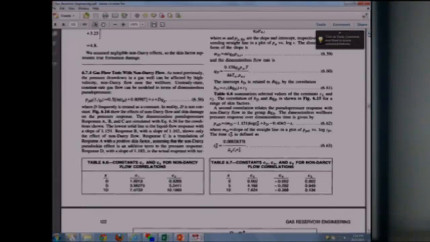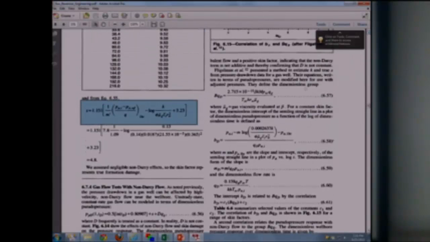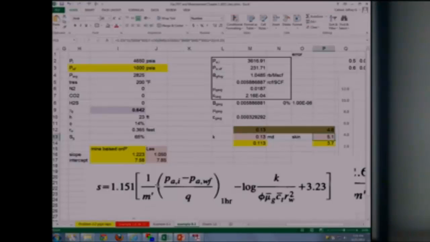Now also, I could hardwire their slope and intercept. Their skin is 4.8, their slope is 109, and their intercept is 7.8. So if I use those numbers, I get 4.8.